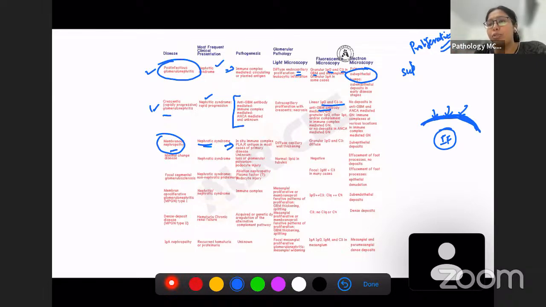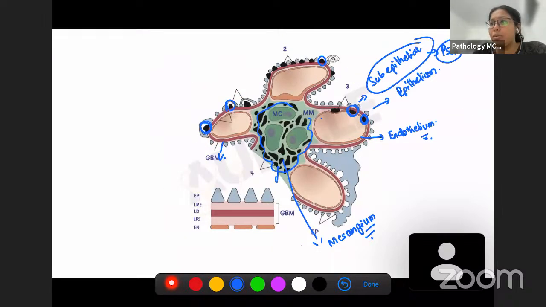In light microscopy, there is diffuse capillary wall thickening and granular immunoglobulin deposition. Here also we can see subepithelial deposits. As I already said, there were subepithelial deposits in PSGN, and also in membranous nephropathy we can see subepithelial deposits.